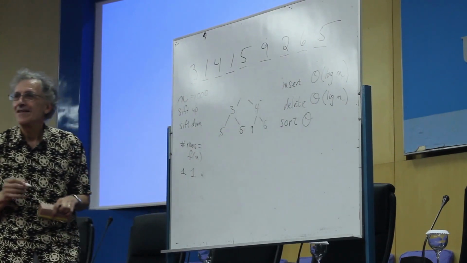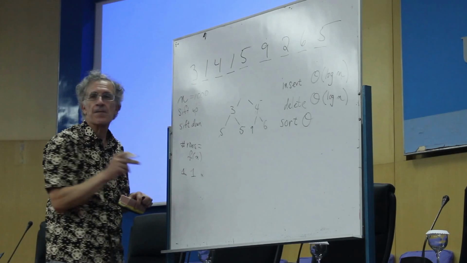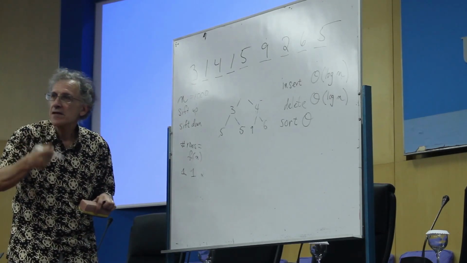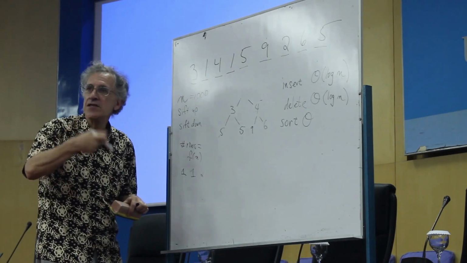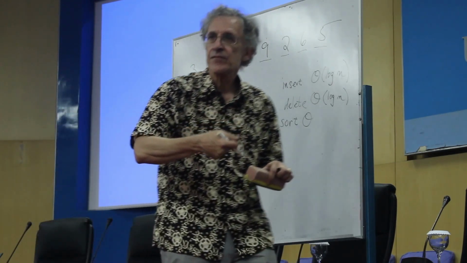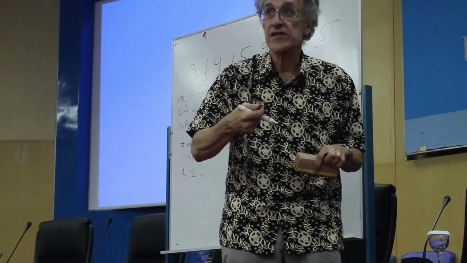Well, a little bit more complicated. I have n numbers. As I put them in, the cost gets more and more for each number until the last one costs log n to insert.